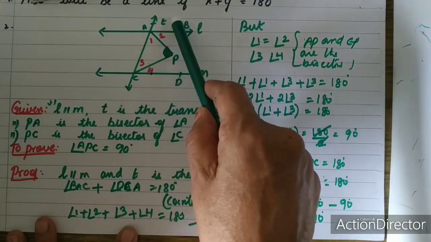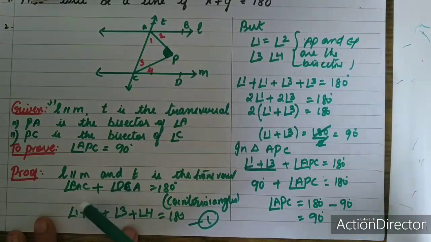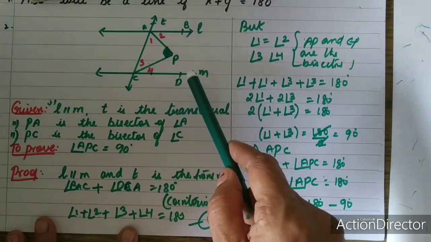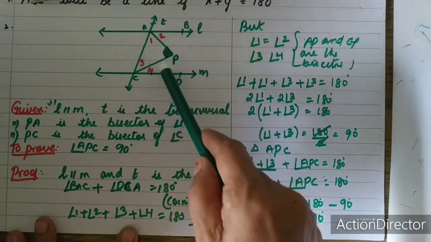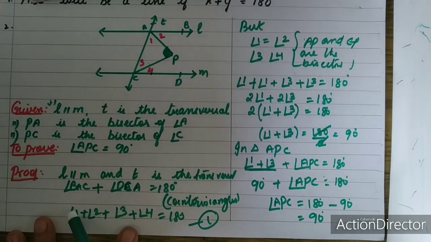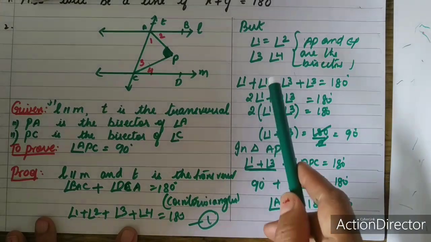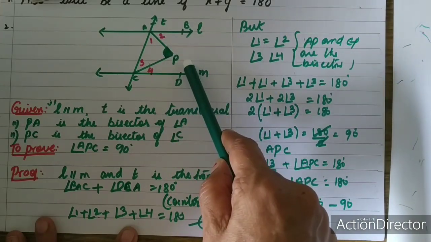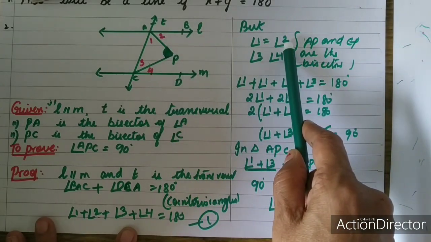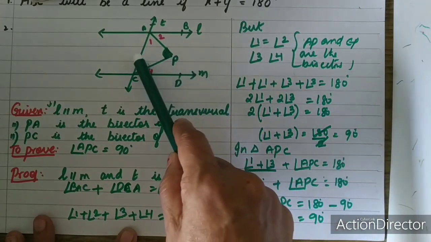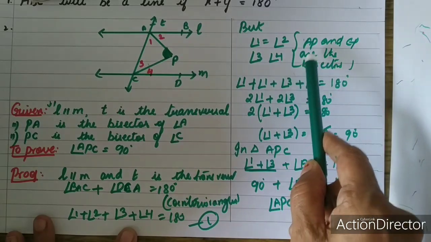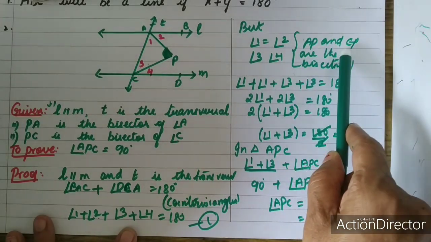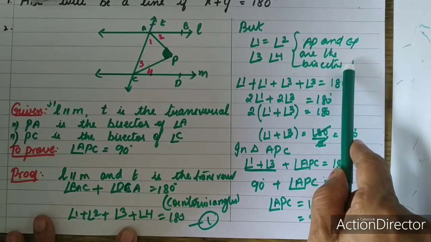But how can I represent this angle? This angle can be represented as 1 plus 2 and DCA can be represented as angle 3 plus 4. So I written angle 1 plus 2 plus angle 3 plus 4 is equal to 180 degree. But you know, since PA is the bisector of angle A, angle 1 is equal to angle 2 and angle 3 is equal to angle 4, given the AP and CP are the bisectors.